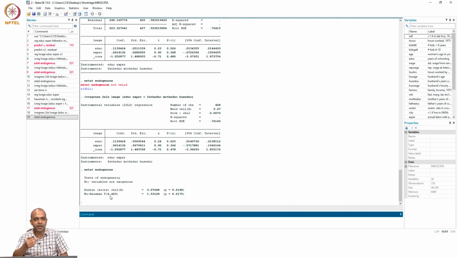And what is the alternative of this F test? At least one among them is significant, right. So, if it is at least one, then I do not know whether education is endogenous or experience is endogenous or both of them are endogenous. That is the limitation of this test.